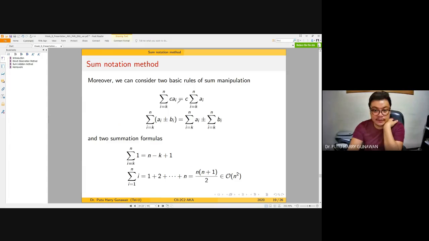Something like this: when we have c as a constant and a term which depends on i, then c can be moved to the outside of the sum.